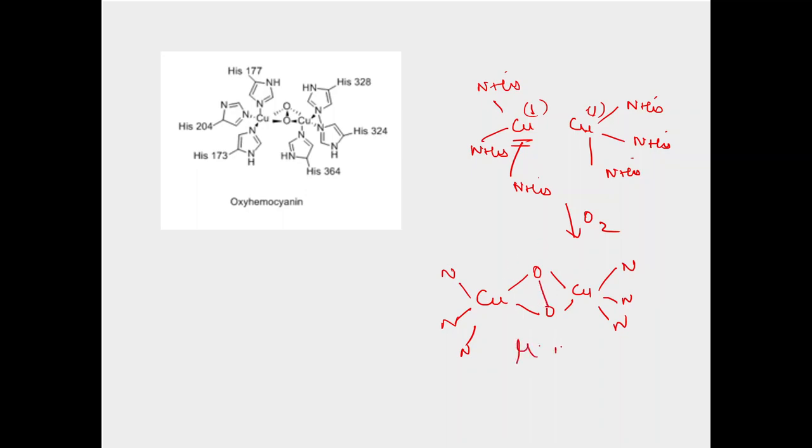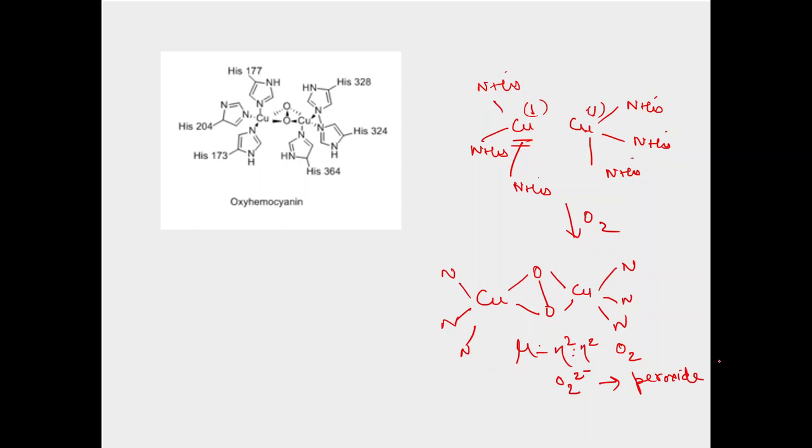So this is a mu-eta 2 type of mode of coordination of O2. And here this O2 is present as O2 2 minus, so it is a peroxide.